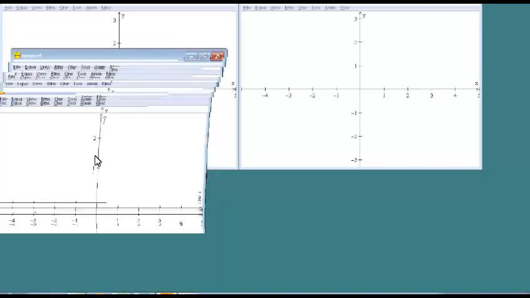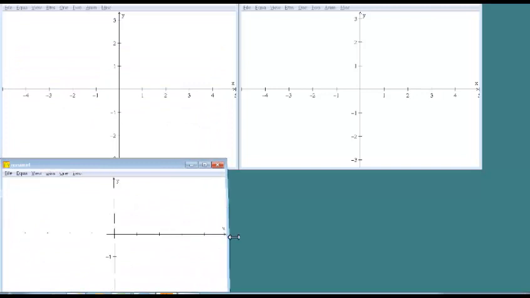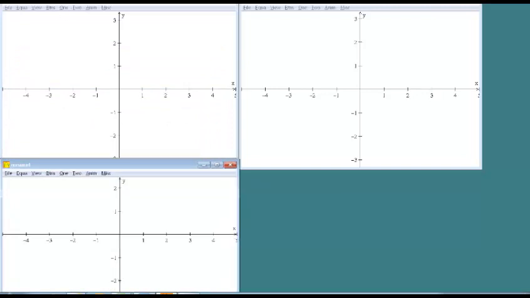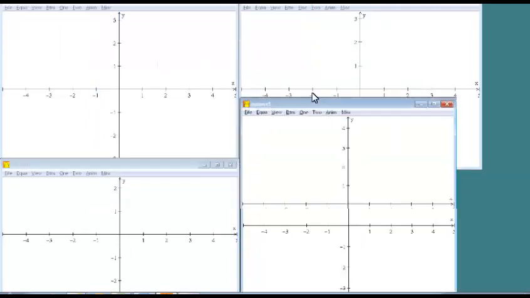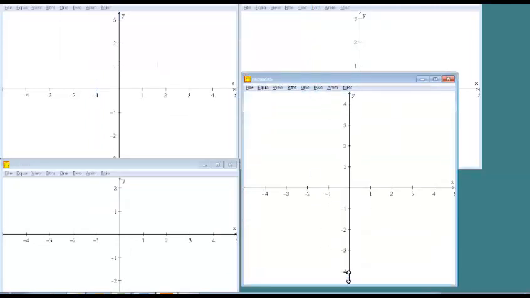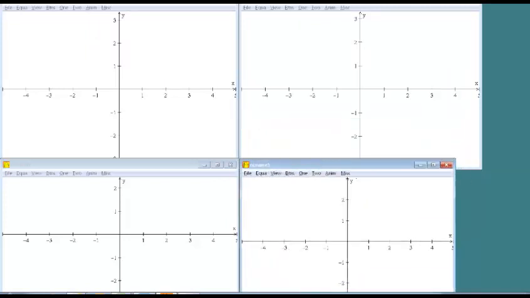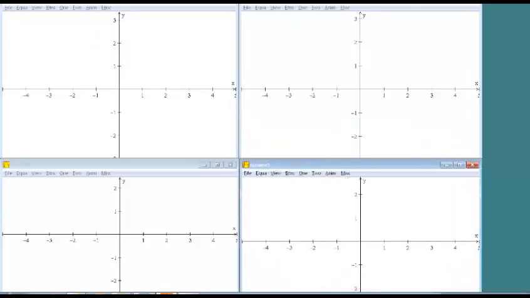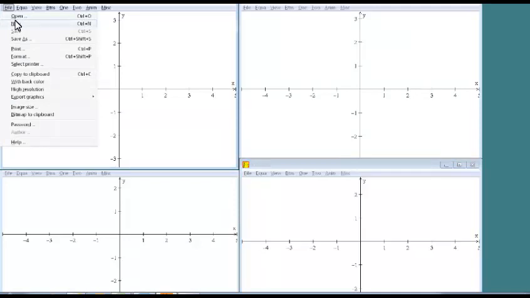That's not what I wanted. Okay, so we're going to start up here. And so this one will be the first equation.